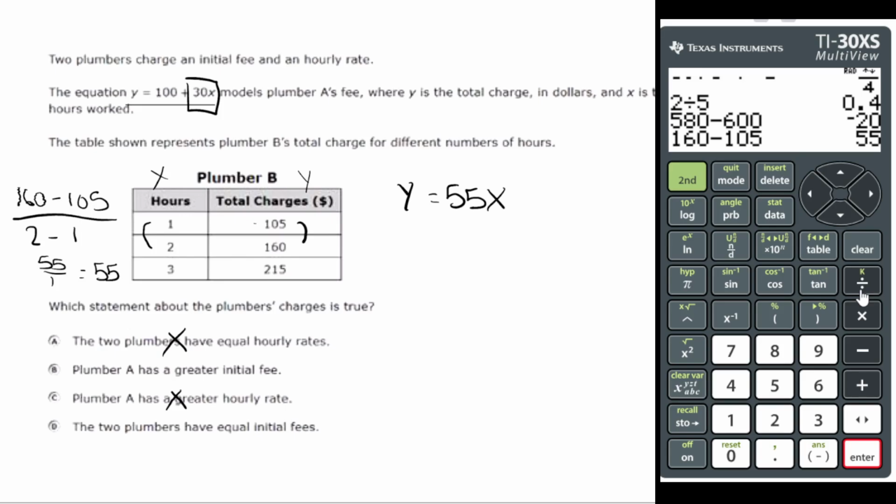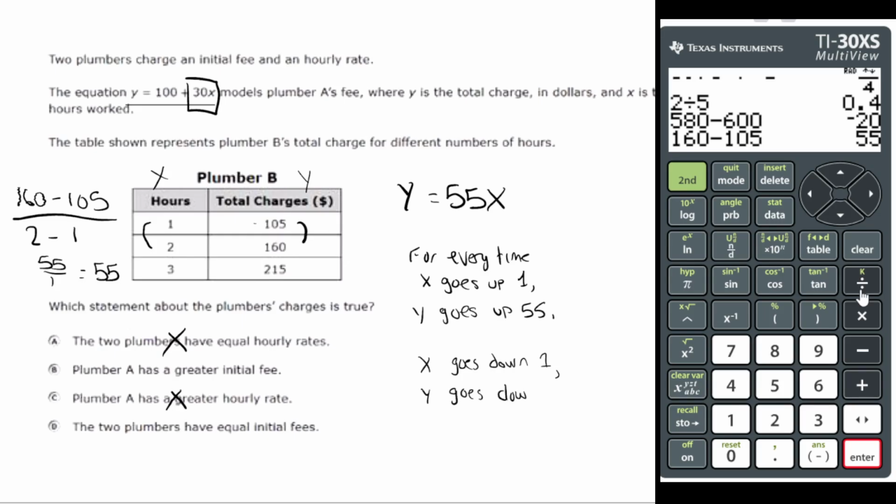So here's how you do this. Remember what a slope represents. Every time X goes up 1, Y goes up 55. So that means it works that way in reverse. For every time X goes down 1, Y goes down 55.